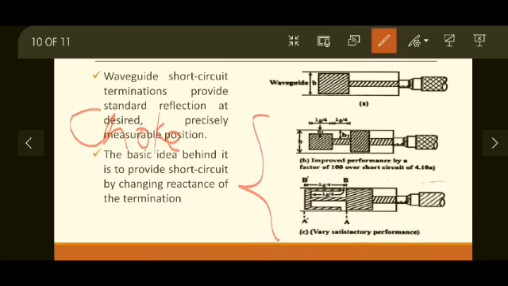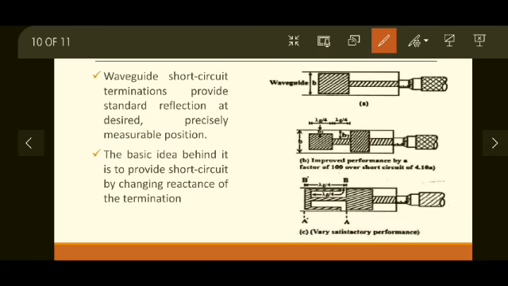Here you can see there is one more conductor which is placed, and the entire waveguide is almost filled with the attenuating pad, or whatever we call a termination, and only a small part inside it is allowing wave transmission in this direction and this direction. Again, this entire part can be movable. So this type of termination is called choke type.